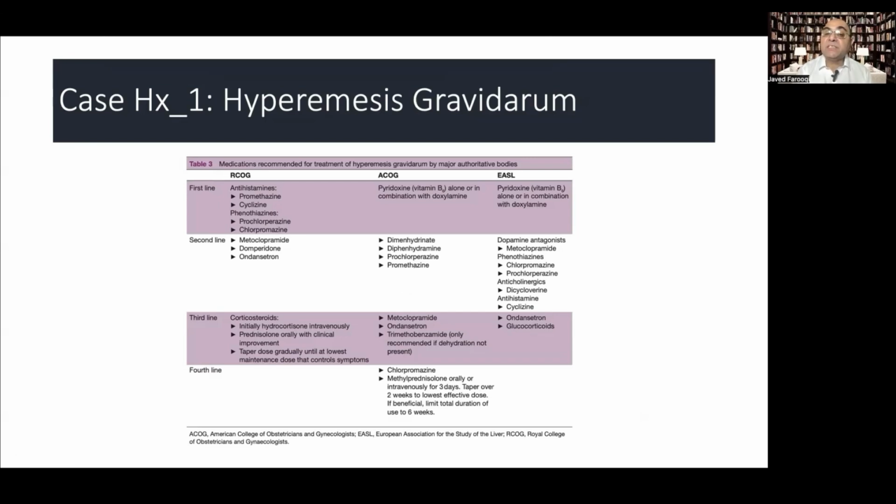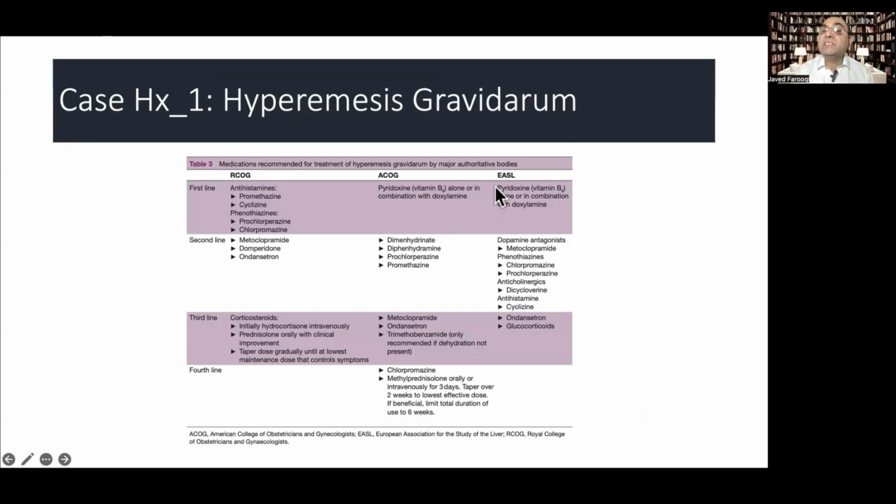And when this fails, the third line is metoclopramide, ondansetron, and trimethobenzamide, only recommended if dehydration is not present. And when the third line fails, the fourth line is chlorpromazine, methylprednisolone orally or IV for 3 days, and taper over 2 weeks to the lowest effective dose. If beneficial, limit total duration up to 6 weeks.